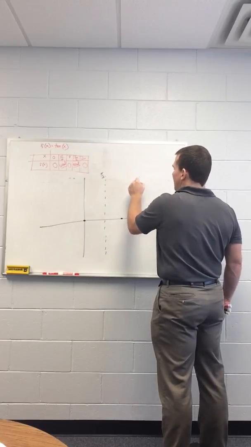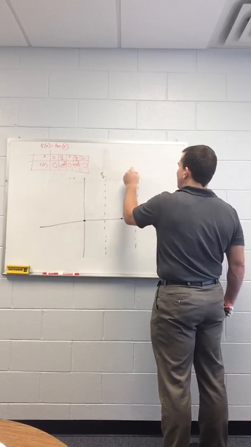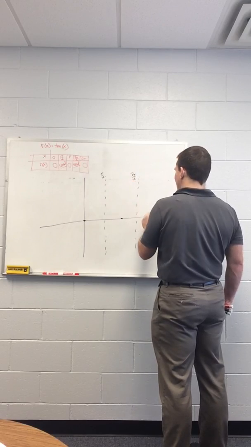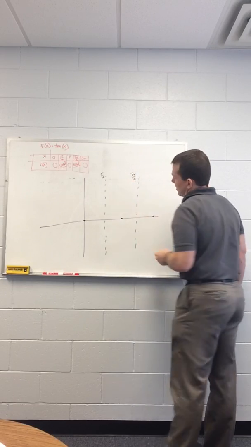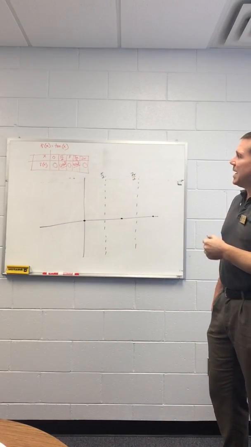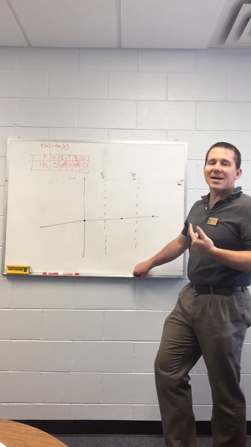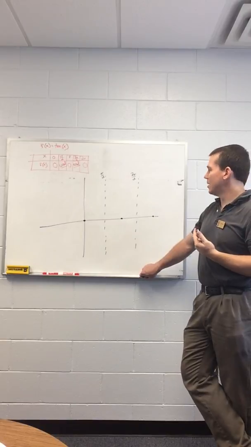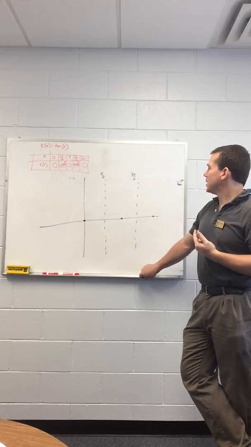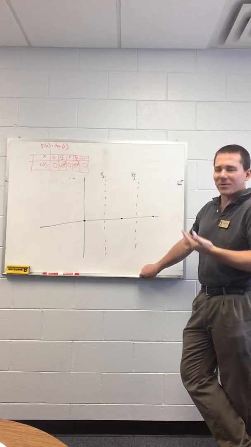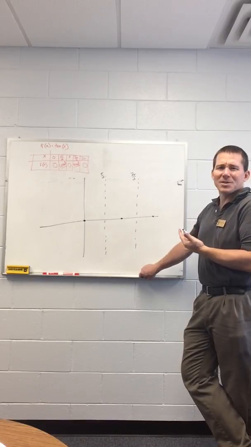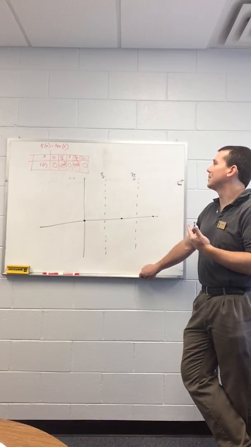At 3 pi over 2, another undefined, another vertical asymptote. And then at 2 pi, we're back to 0. That doesn't necessarily tell me a lot about my graph, but you guys can rely on your knowledge of rational functions, vertical asymptotes, and the unit circle, and we should be able to figure this graph out.